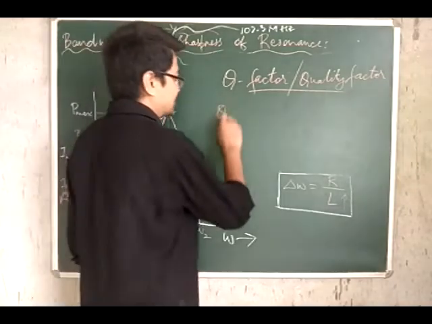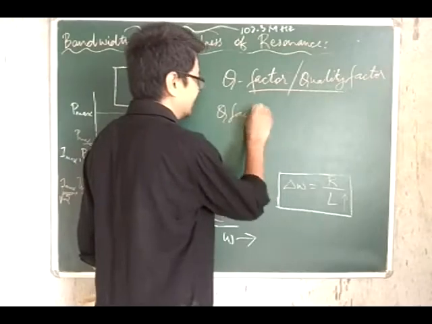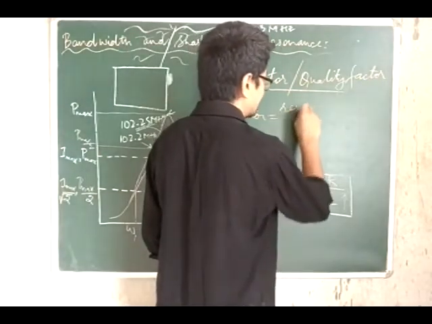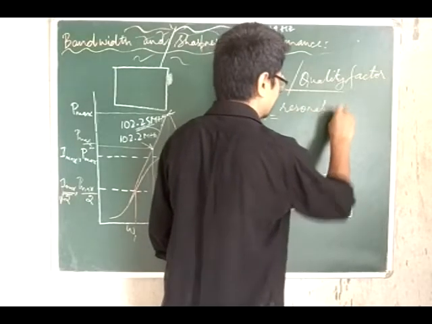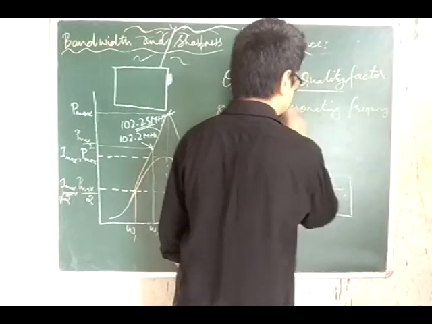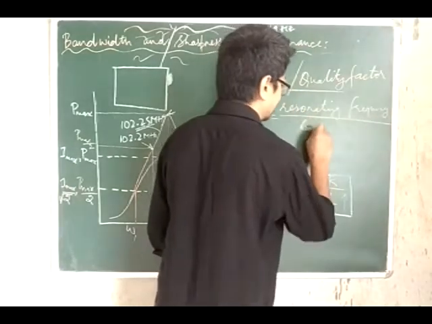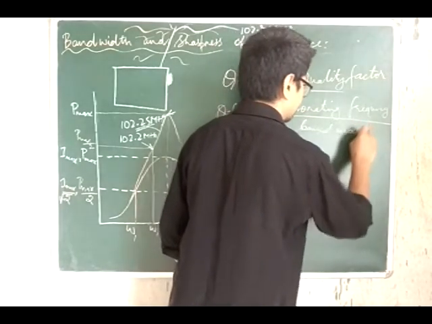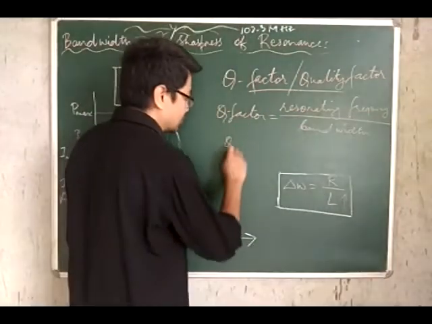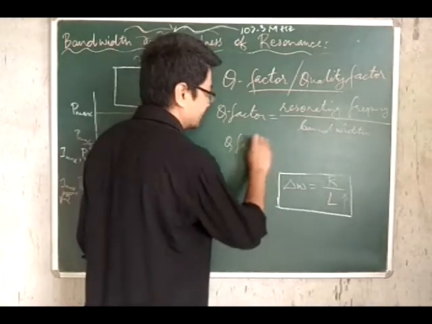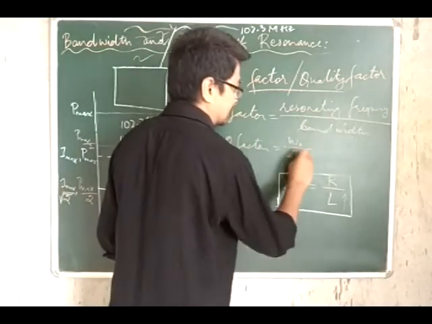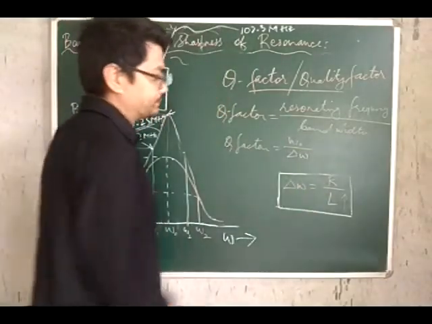So Q factor, mind you, is given by the resonating frequency divided by your bandwidth. Now resonating frequency is omega naught divided by delta omega, so to say.